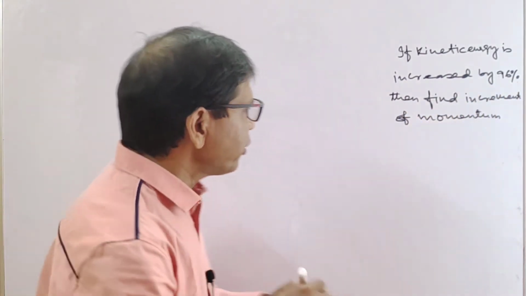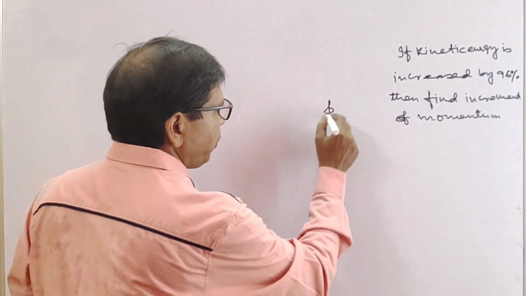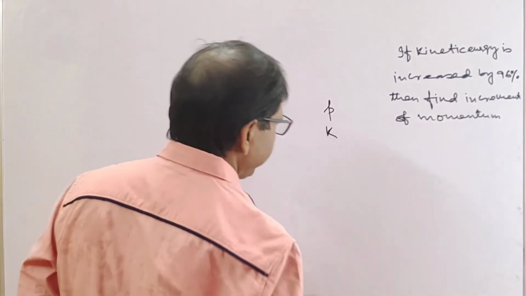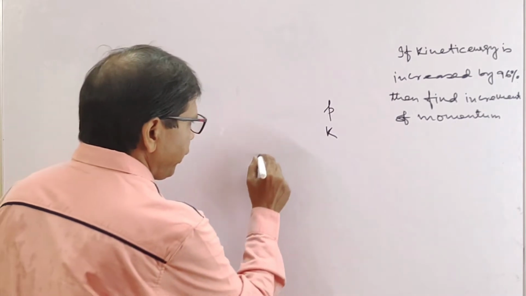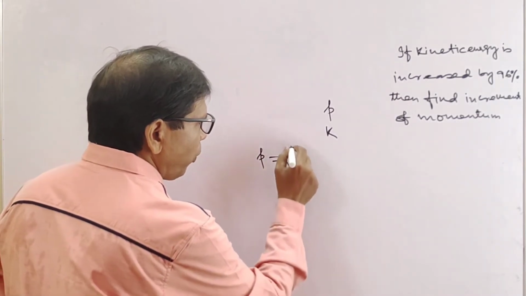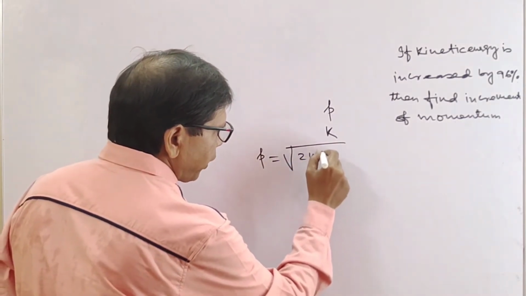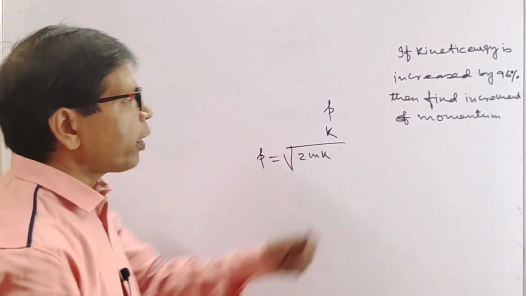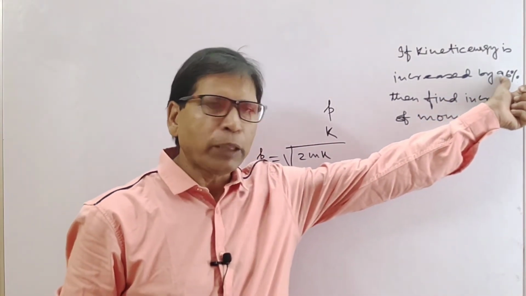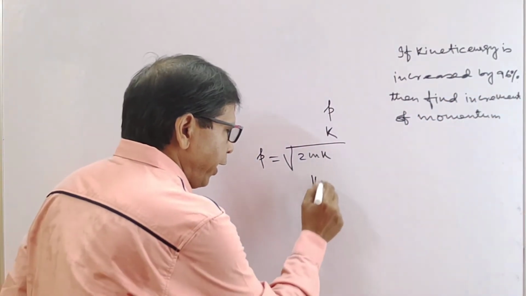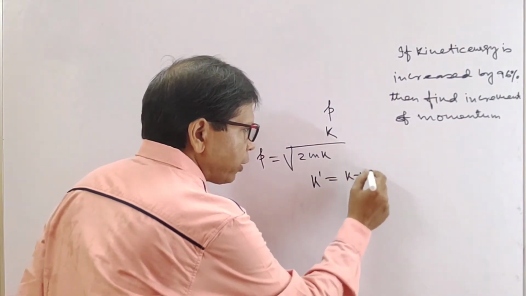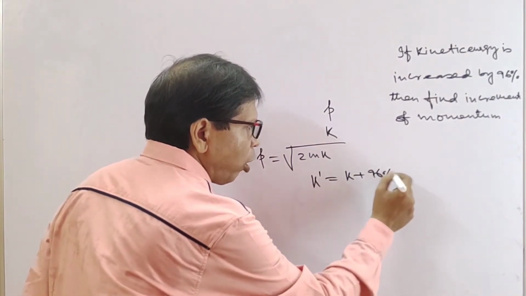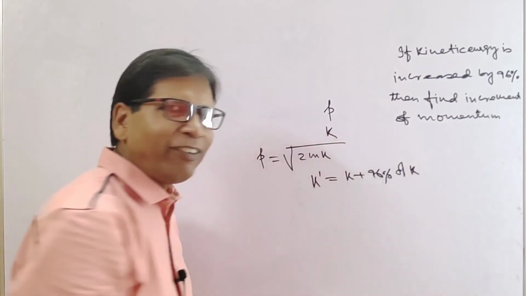Suppose initial momentum is p and initial kinetic energy is K. So here p = √(2mK). Now kinetic energy increased by 96%, that is K' = K + 96% of K. Understood?